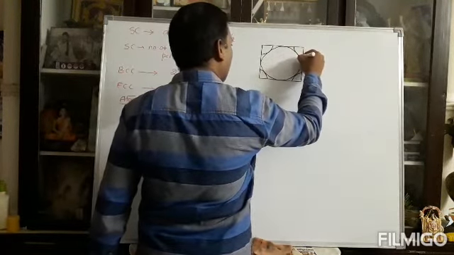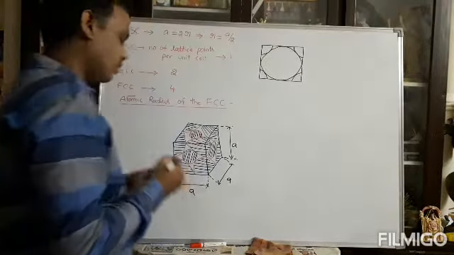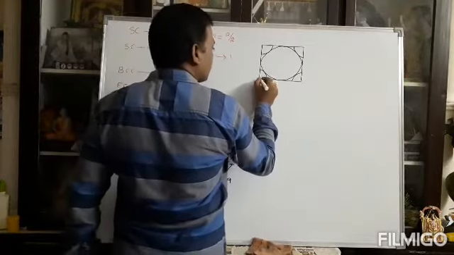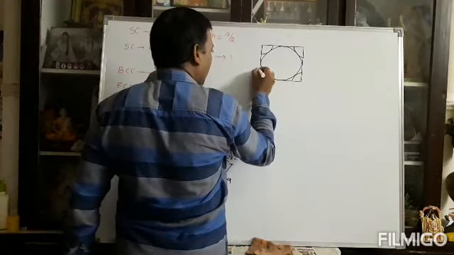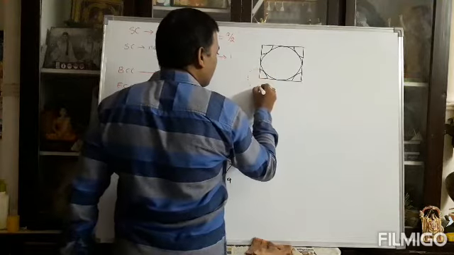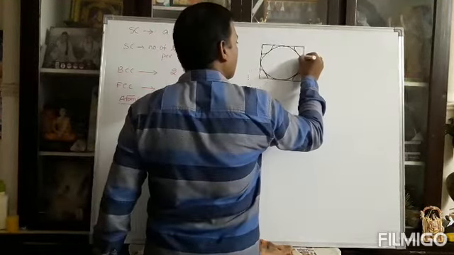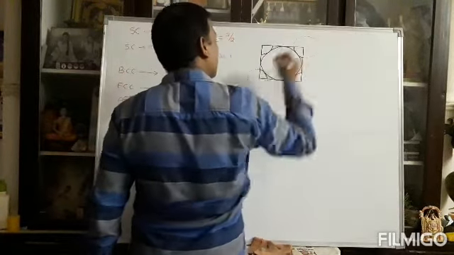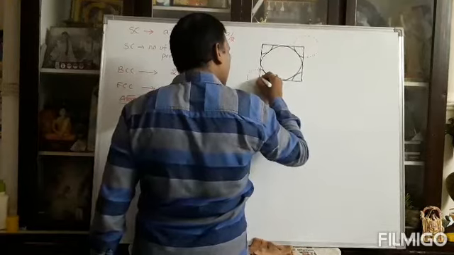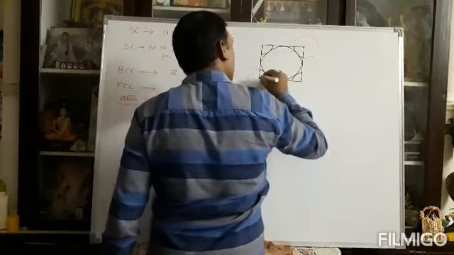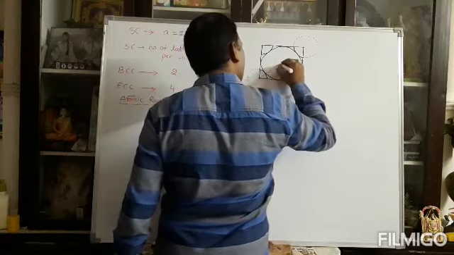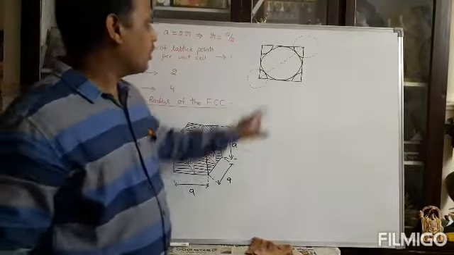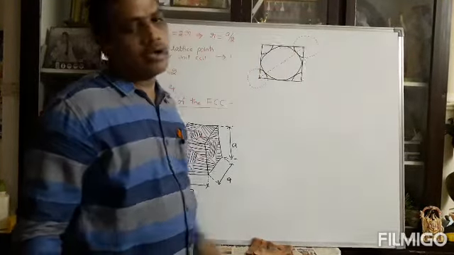So you can take the corner atoms and the center of the face atom: one central face atom, one corner atom, and this is also one corner atom. You take from corner to corner. This distance you require. Why are you taking these corners? Because in this diagonal you have the corner atom, the center atom, and the other corner atom.